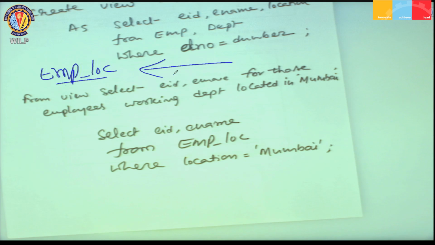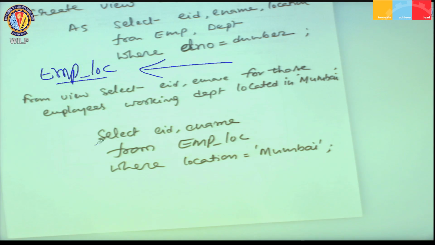From then onwards that application or the end user treats that view as a normal table, and he can pose queries on the table as if he is working with any other normal relation or a table. So, he may not be knowing whether it is a real table or the view, then he will pose a query like this.